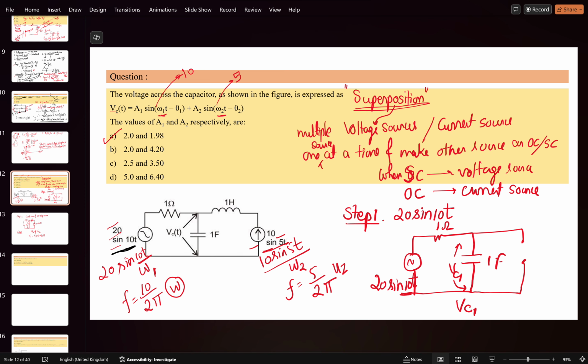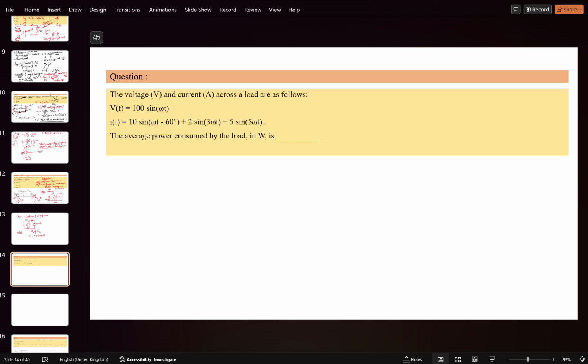Okay, let's move to the next problem. Try to solve this problem. Solve that question at home. If you feel doubt at any point, we will discuss it in the next tutorial session.